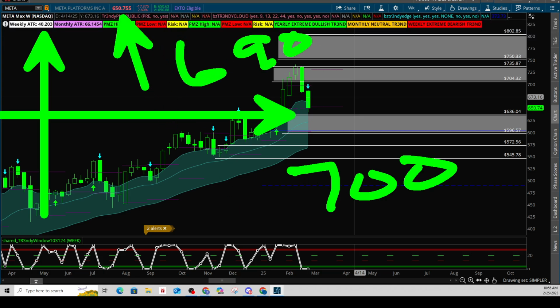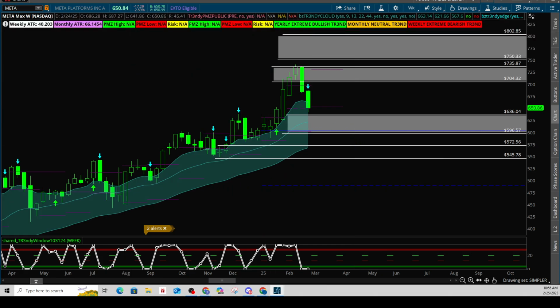And that's just in a week. And in this case, we bought just over 2.5 weeks of time. So can it happen? 100% it can. Okay. We could have a catalyst tomorrow, and this thing could rip up to 690. You could see 40 additional points, and that would be pretty sick.